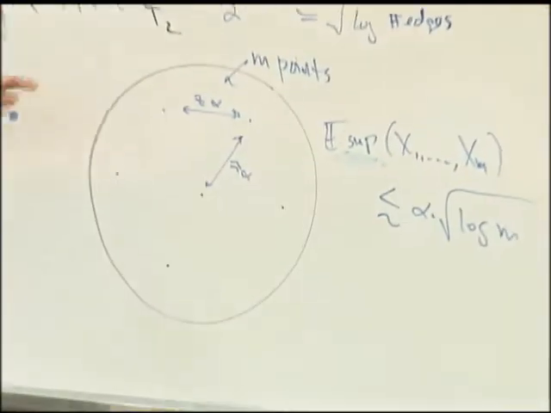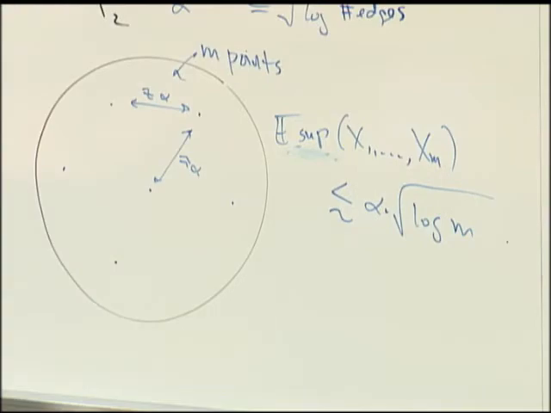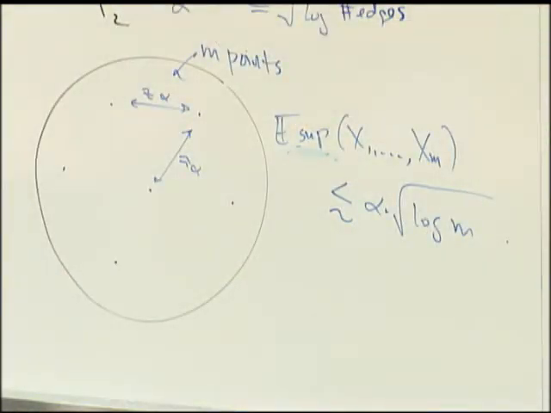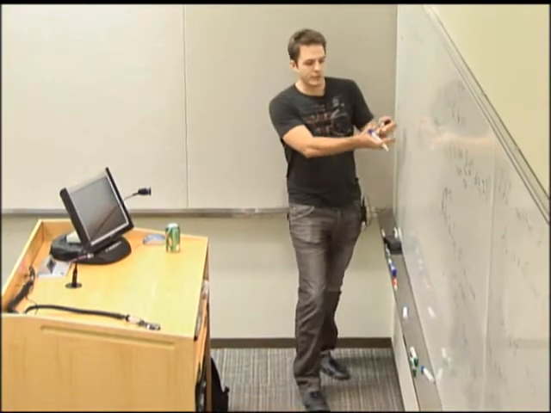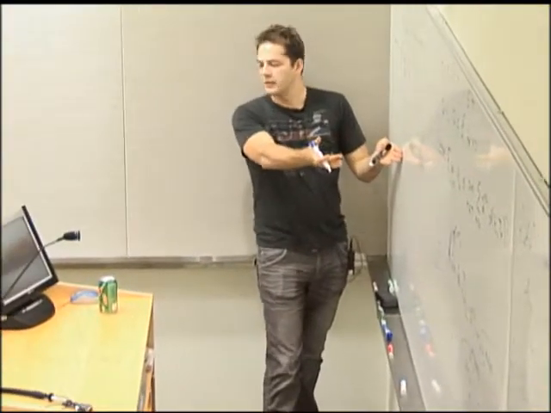All the distances are alpha, so if we look at one pair, then the probability that they're bigger than some c times alpha decays like e to the minus c squared. So we should choose c to be about square root log m if we want to take a union bound over m squared pairs.